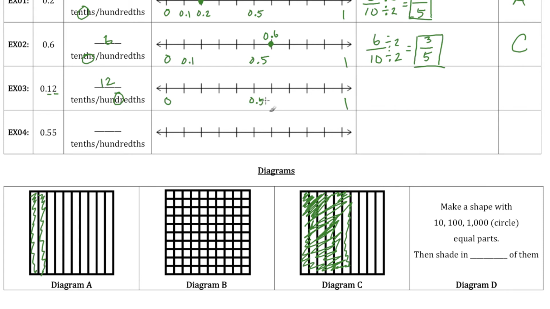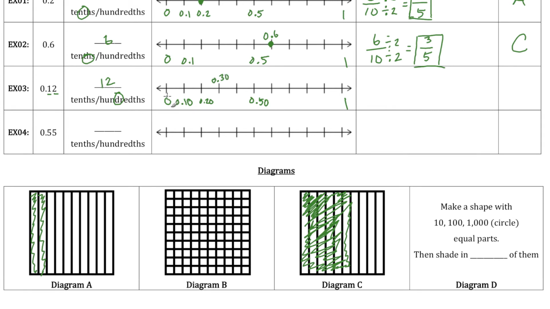So 5/10 is 50 hundredths. This is 1/10, but it can also be thought of as 10 hundredths, 20 hundredths, 30 hundredths. So we're trying to get to 12.